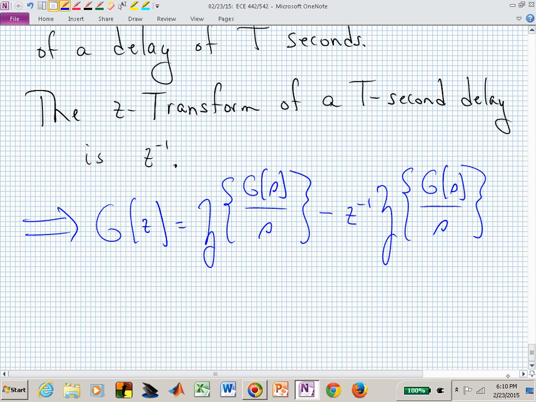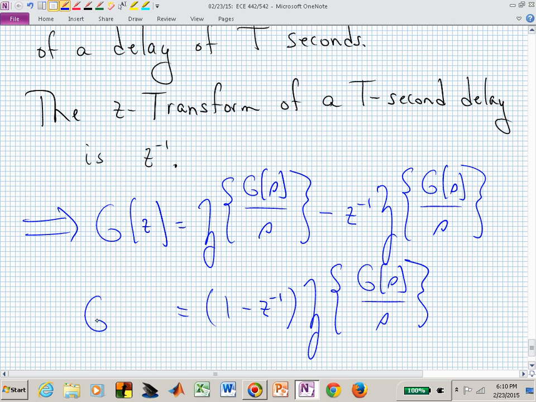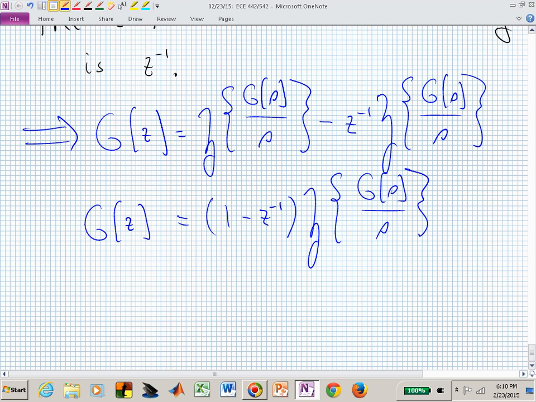But we just calculated G of S over S, or its Z-transform. So let's not duplicate that. Let's just factor it out. We now have 1 minus Z to the minus 1 times the Z-transform of G of S over S gives us our G of Z. And that 1 minus Z to the minus 1 can be just a ratio of Z's.